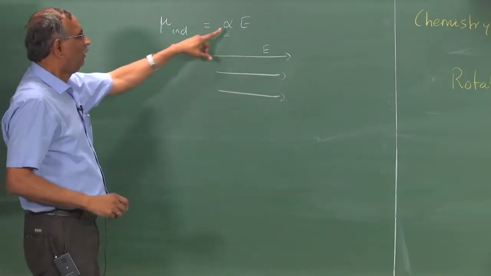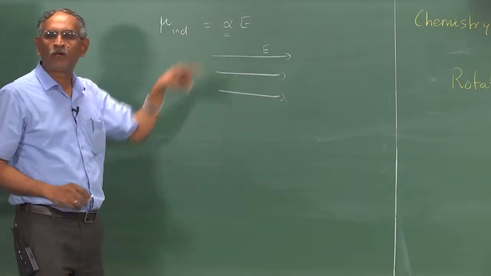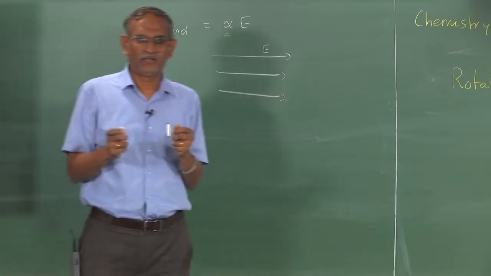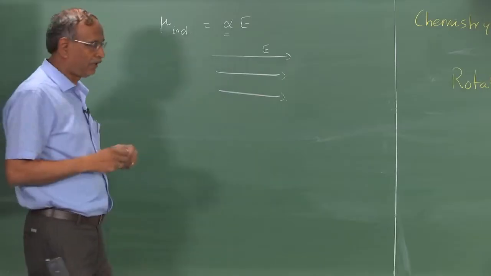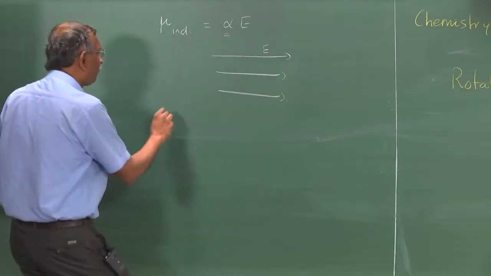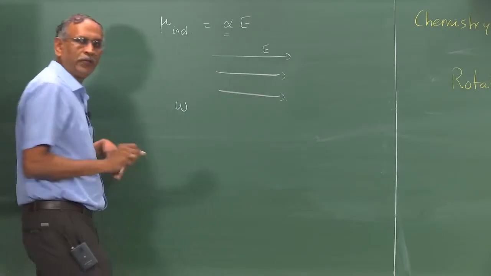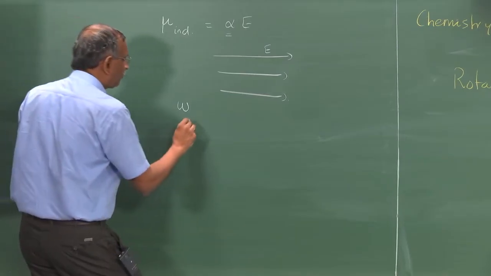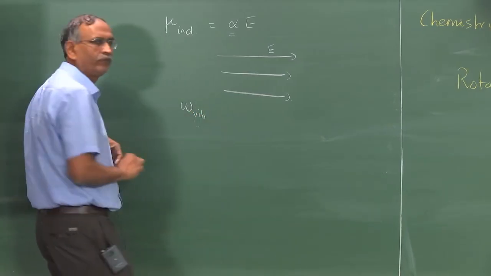But alpha is not a static quantity because the molecule is not stationary. The molecule is actually vibrating, say with an angular frequency omega. Let us call it the vibration frequency.